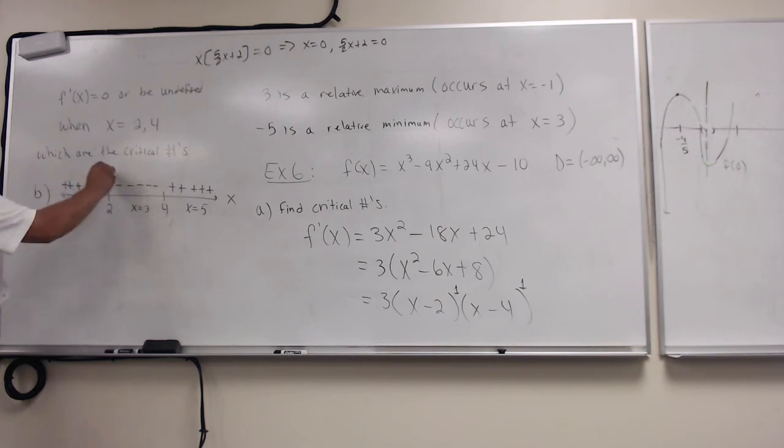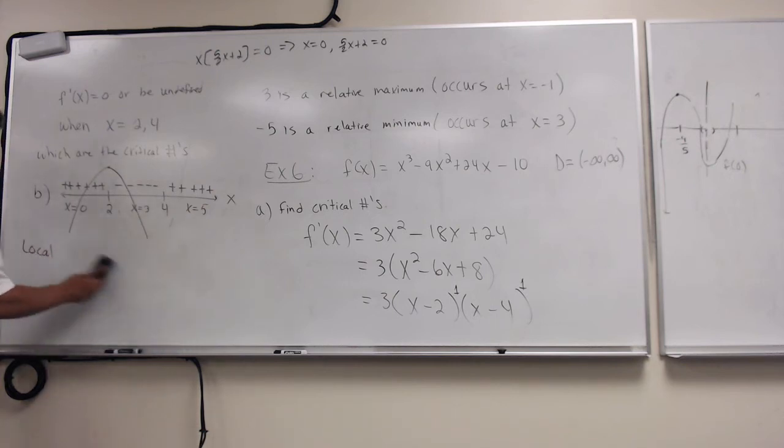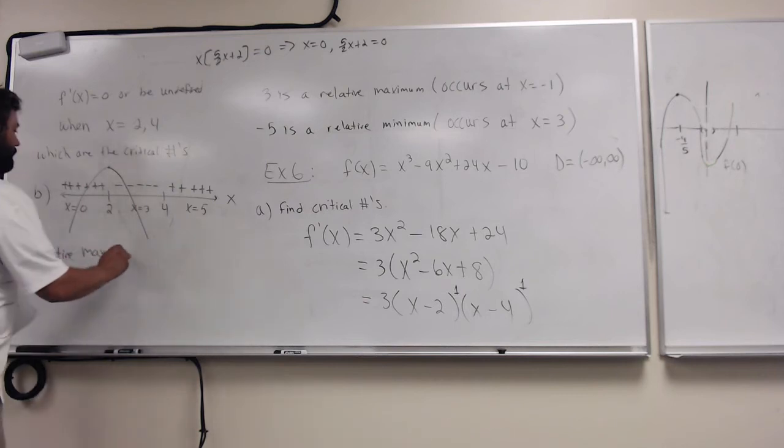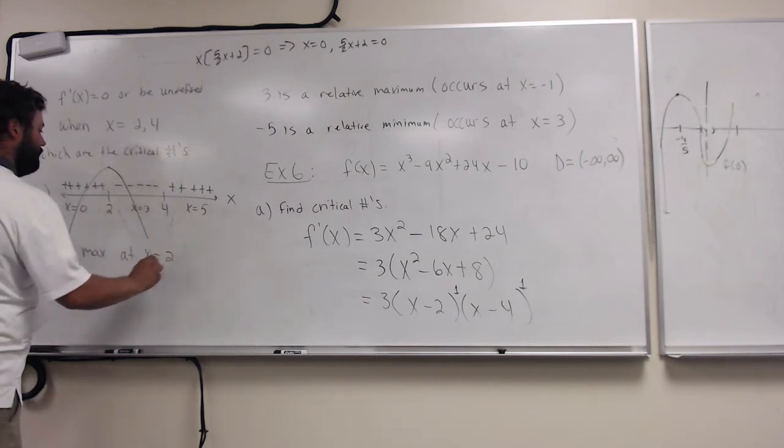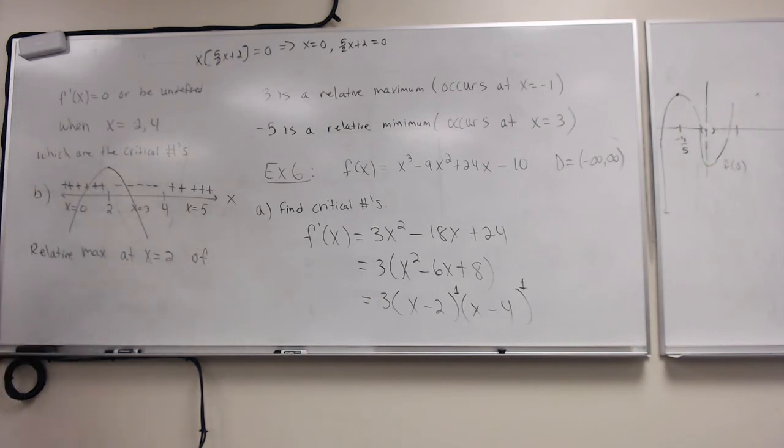Now it's going to change to decreasing. So what does that mean? There's a local, let me use the notation in the textbook, there's a relative max at x equals 2 of, and then let's find the maximum value itself.